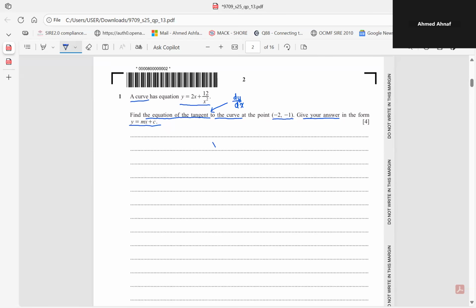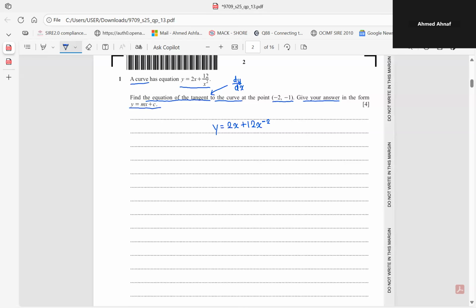So let's do that. First, let's write the equation as y equals 2x plus 12 times x to the power of negative 2. Now, to find dy/dx, just differentiate with respect to x on both sides. Differentiating 2x, you get 2, and then for 12x to the power of negative 2, you keep the scalar outside the constant term and differentiate x to the power of negative 2 separately.